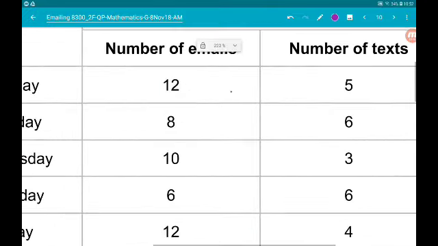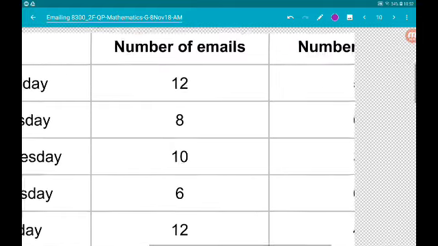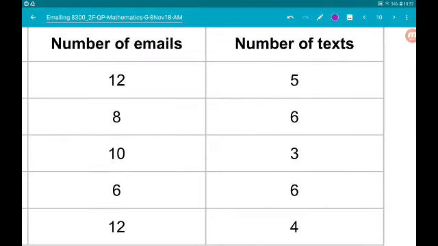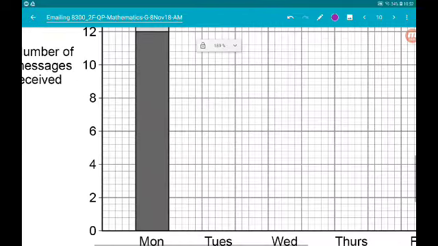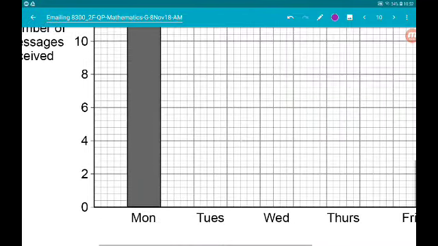So, on Tuesday, there were 8 emails, 6 texts. So 8 is there.